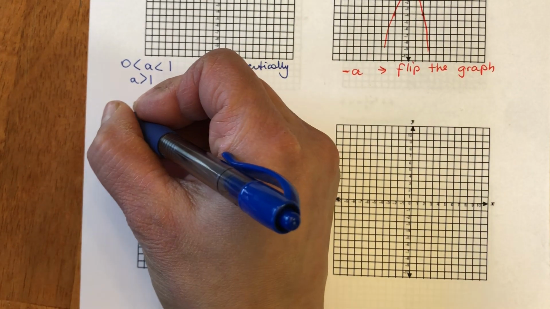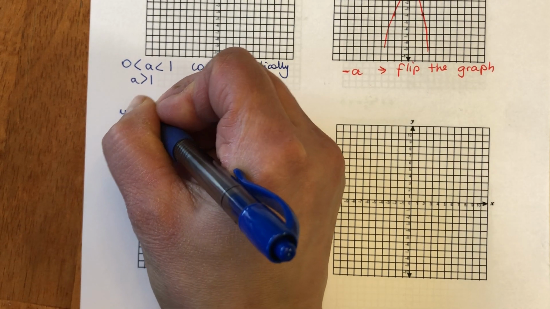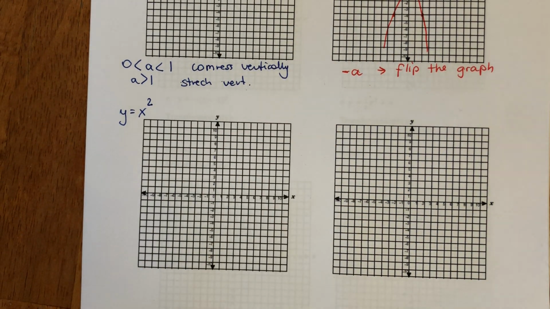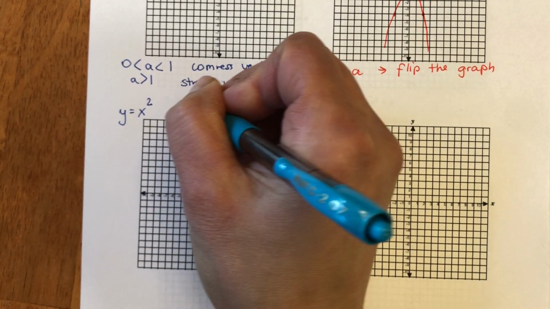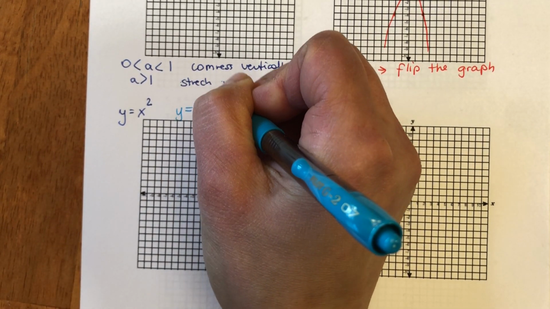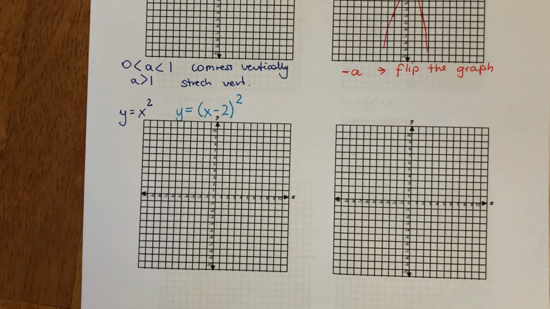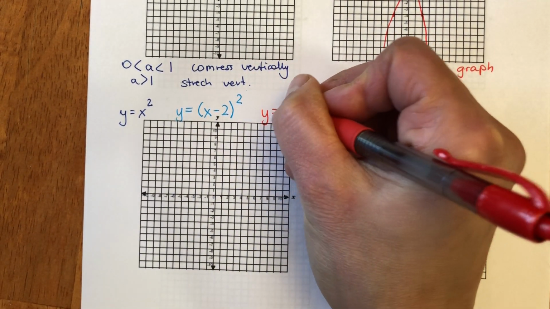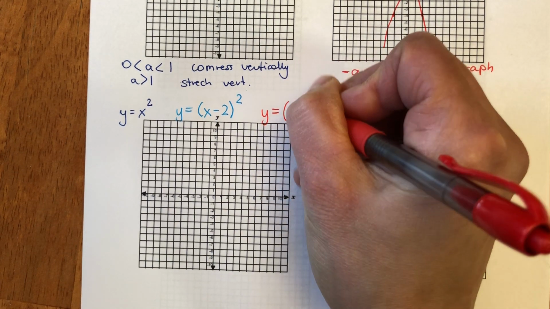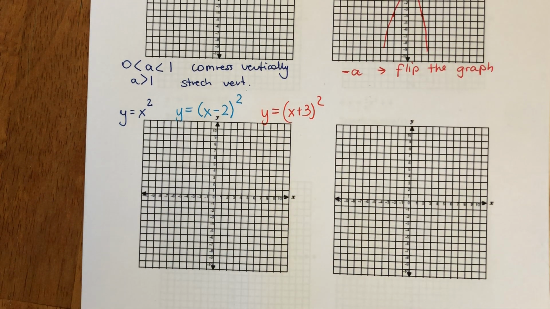So let's see, 3 graphs. The first one is a parent graph. The second one that we will want to graph is y is equal to (x minus 2) squared. And then the third one that we are going to graph on the same graph is going to be (x plus 3) squared. I want you to see that if you look at your form, this form is actually called vertex form. You will learn why soon.